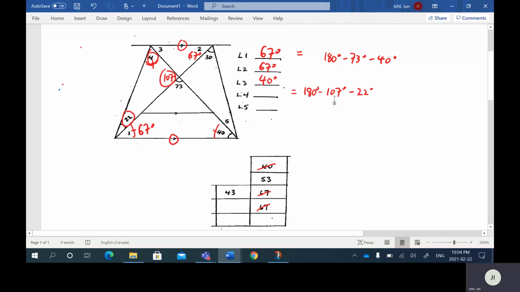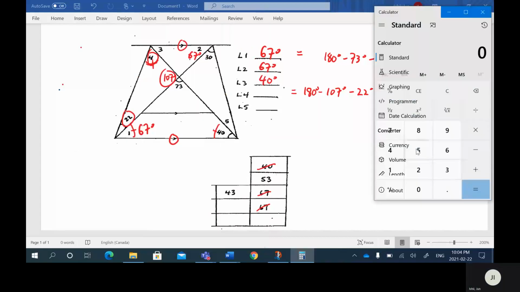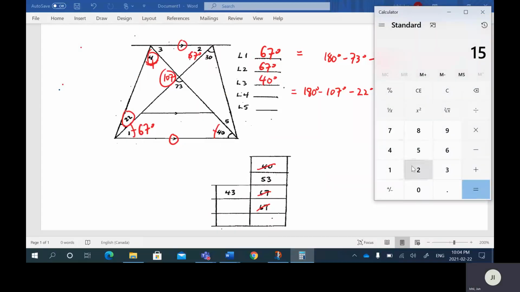No, I feel like I did that wrong. Let's just pull out a calculator. 180 minus 107 minus 22 gives me 51.